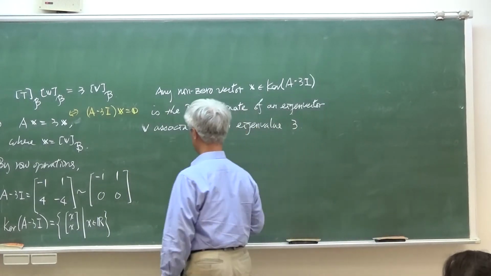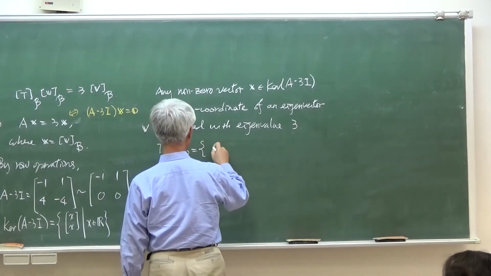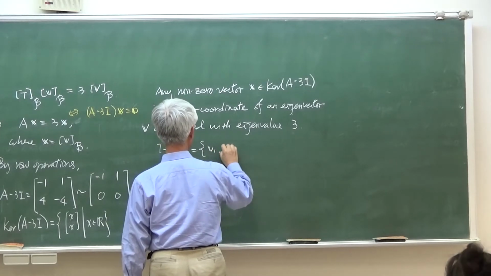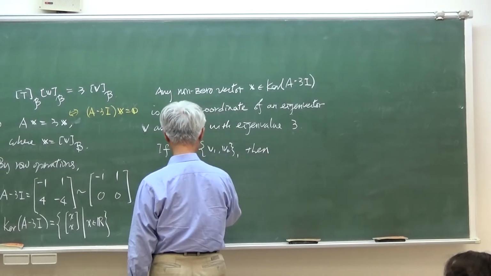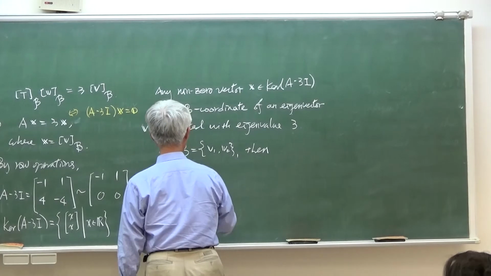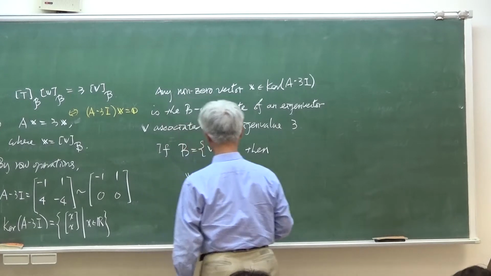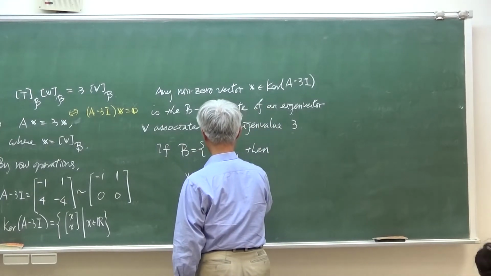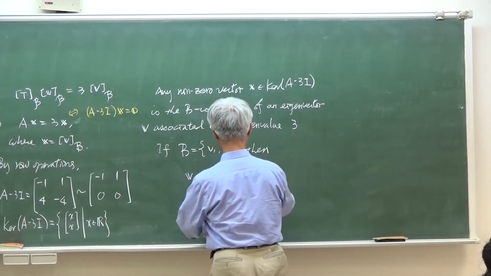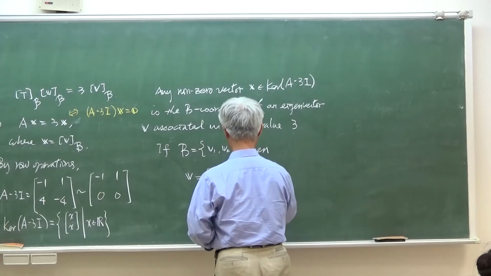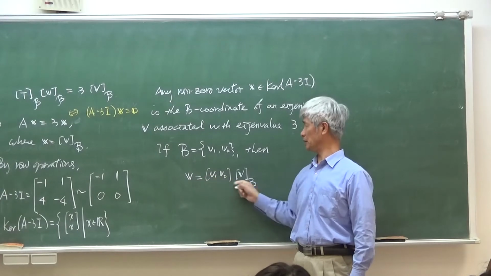Okay, and so if B is, say, B1, B2, then x and the v, okay, is v1... B coordinate, right? So this is the way we synthesize the vector from the B coordinate.